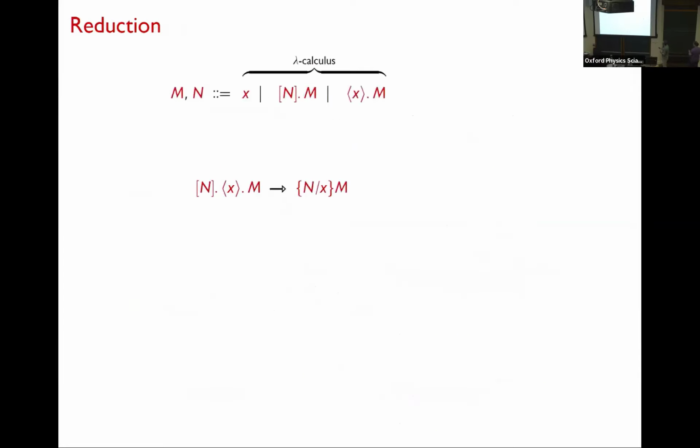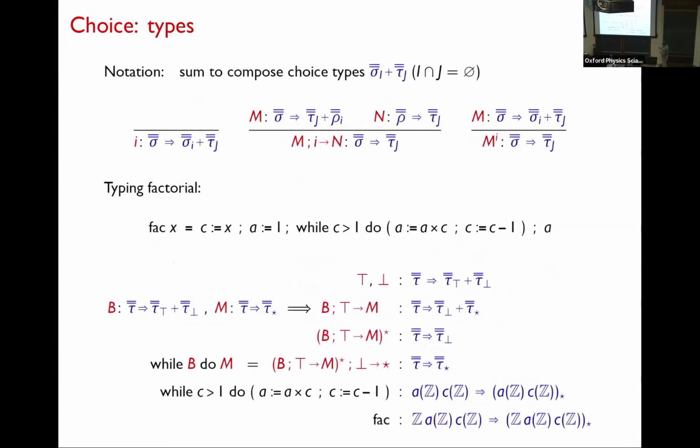Okay, and with that, you can type your factorial. So Booleans become input memory to a sum of output memories.